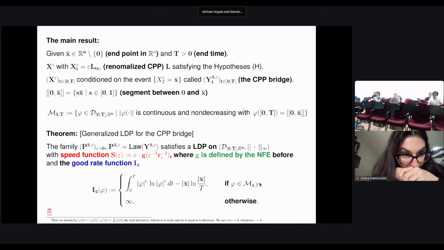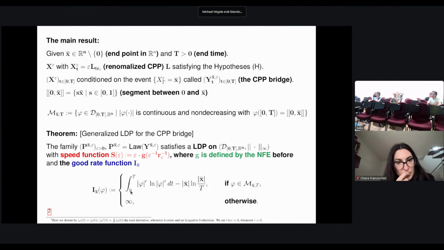This is for very, very narrow paths, a very narrow class of functions. These are essentially perturbations of the straight line. The straight line parameterized on 0 to t, from 0 till x bar, is the minimizer, and all functions which leave this segment have intensity infinity.